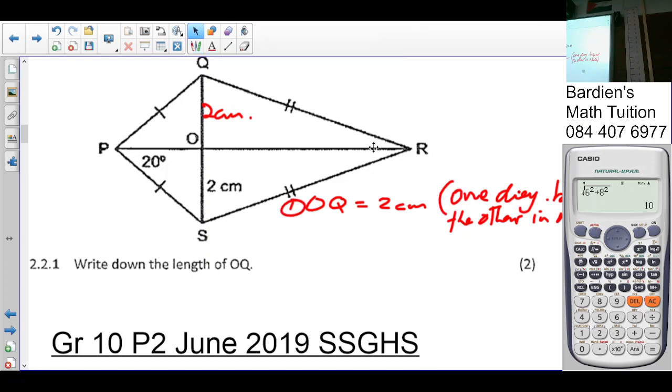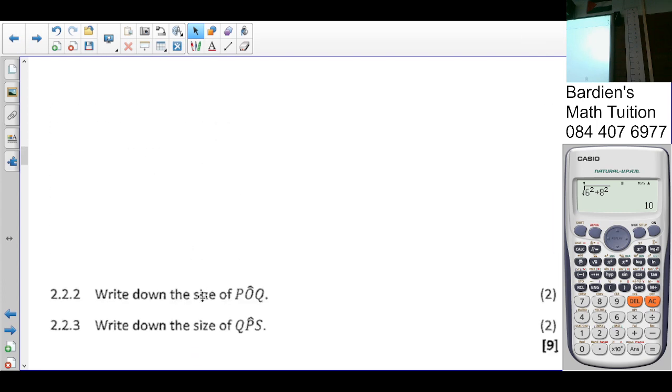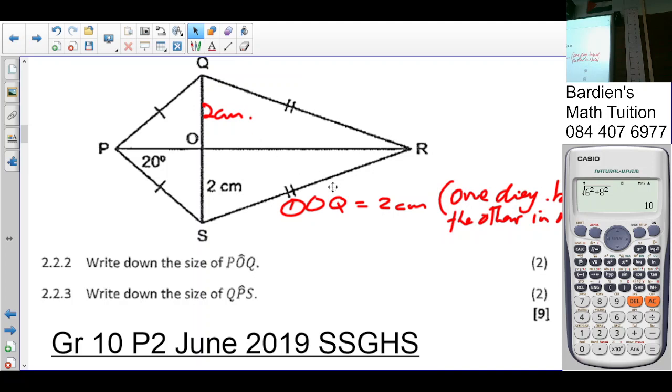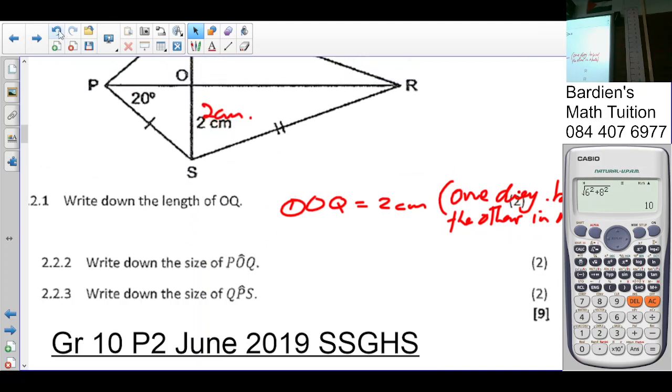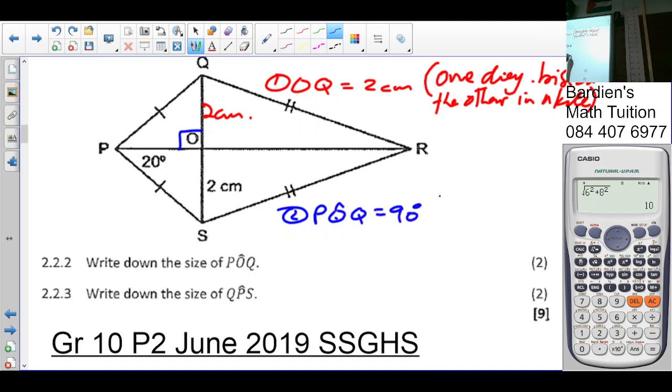Let's look at the next question. 2.2.2 says, write down the size of POQ. So that angle is 90. POQ is equal to 90 degrees. Why?